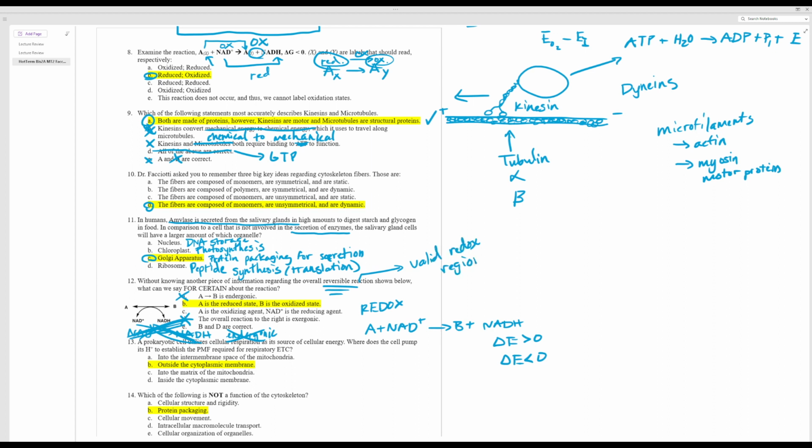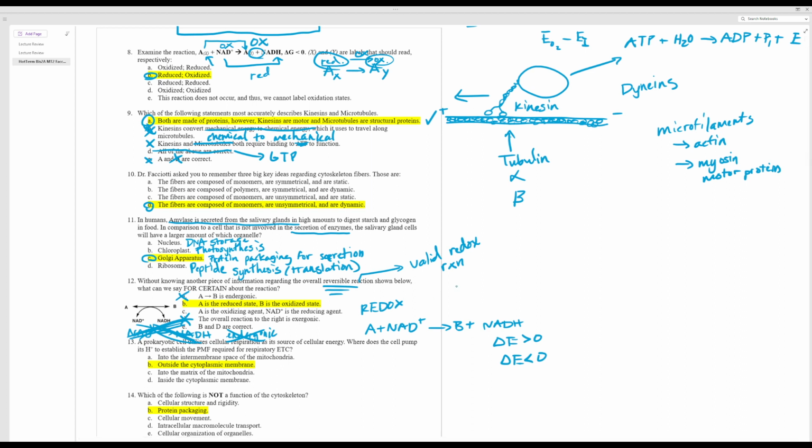Note that valid redox reaction does not mean exergonic or endergonic. It just means it's valid and it's possible. It may be spontaneous, it may be not spontaneous. We don't know. But we know it's valid. And we know one way, either the forward or the reverse, is spontaneous and the other one is non-spontaneous.